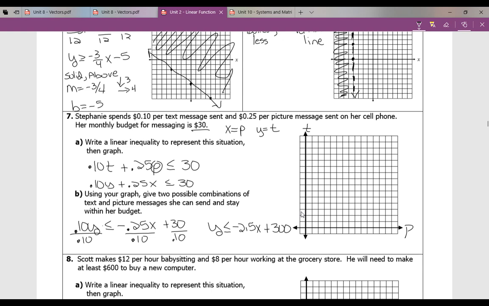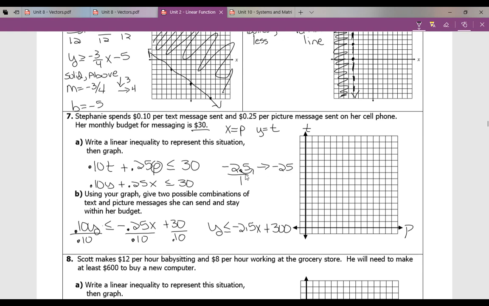All right. Now, problem is I need a fraction so I can count off my slope. So does anybody know how to change negative 0.25 to a fraction? Well, if I put it over 1, you can't have decimals, so I'm going to move that decimal one place and make that negative 25.